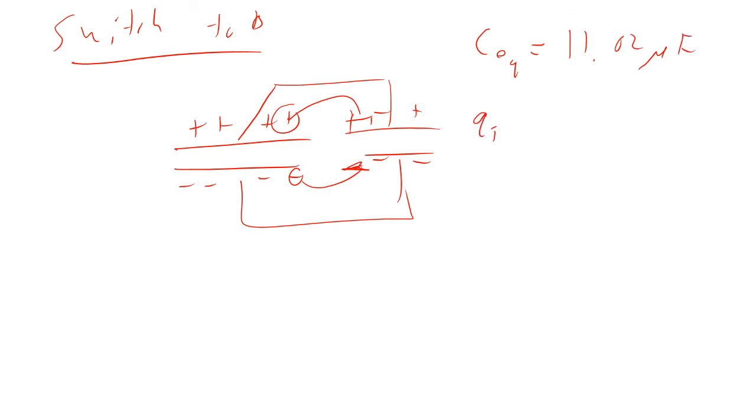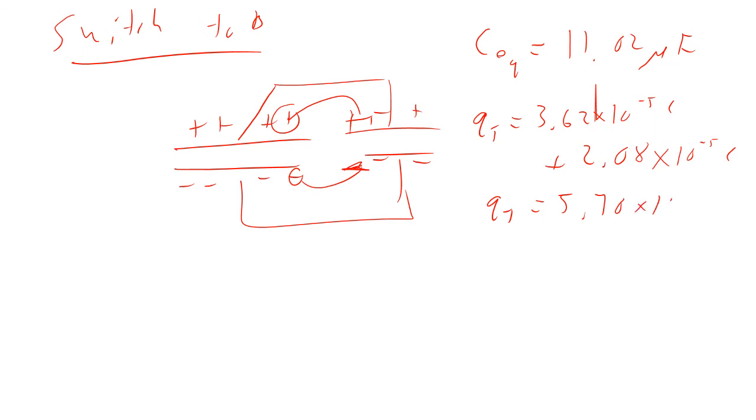The Q total is going to be equal to the charge that was on Q1, 3.62 times 10 to the minus 5th coulombs, plus the leftover charge that was still sitting on the other capacitor, C2, so that gives us 5.70 times 10 to the minus 5th coulombs.